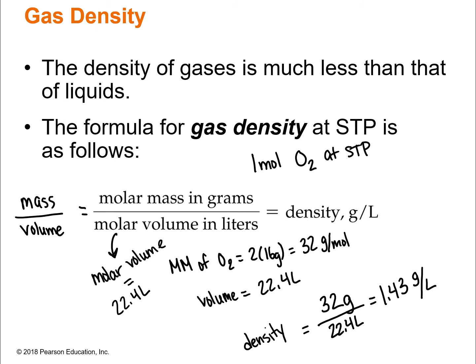You can use 22.4 liters as the volume if you're using the molar mass in the top. So that's the caveat here. If you're dividing the molar mass by the molar volume, you will get the density. Anything outside of that, it's a case-by-case basis. And we're going to solve some problems so you can see the difference.